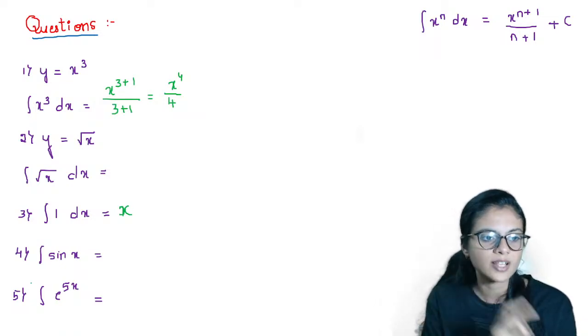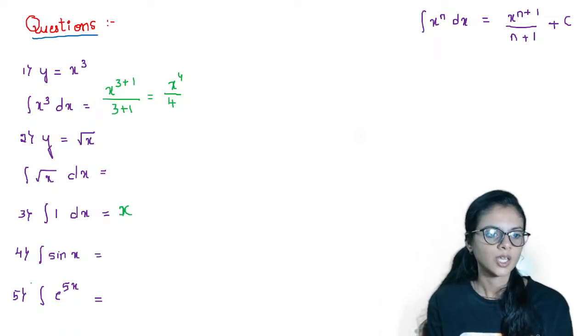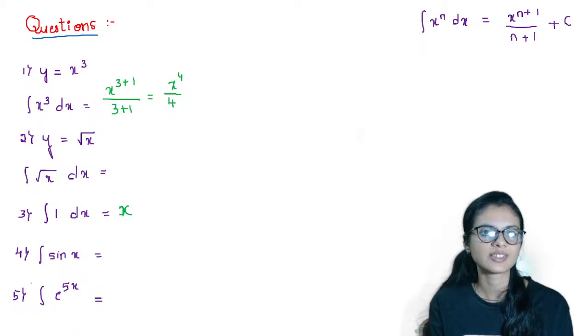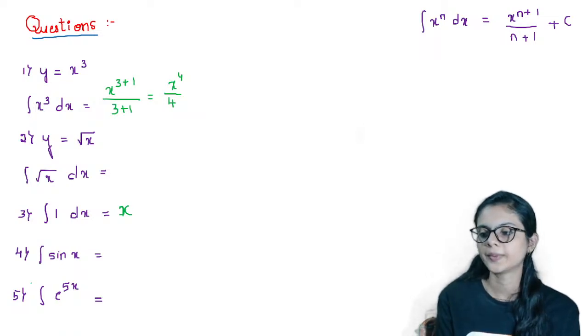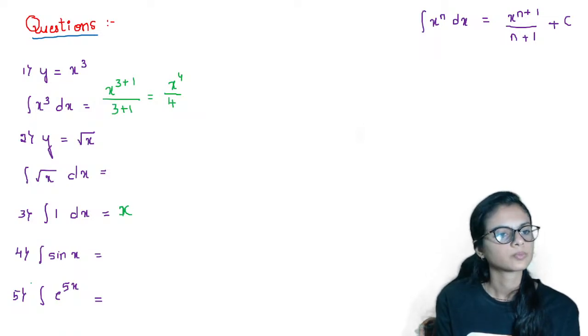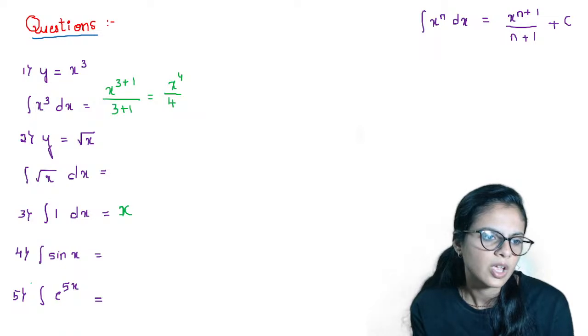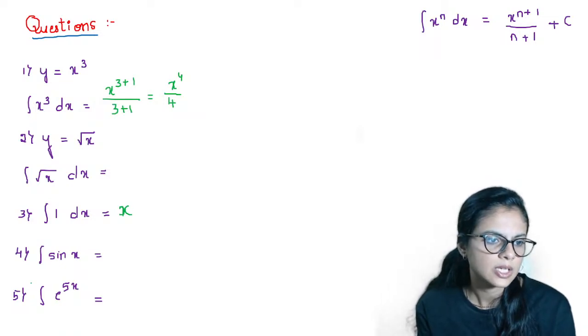Check once. Fifth one, it's not right. Check it once. Integration, not differentiation. You're not differentiating it. You have to integrate. Yeah, quickly. 5 into e power x.